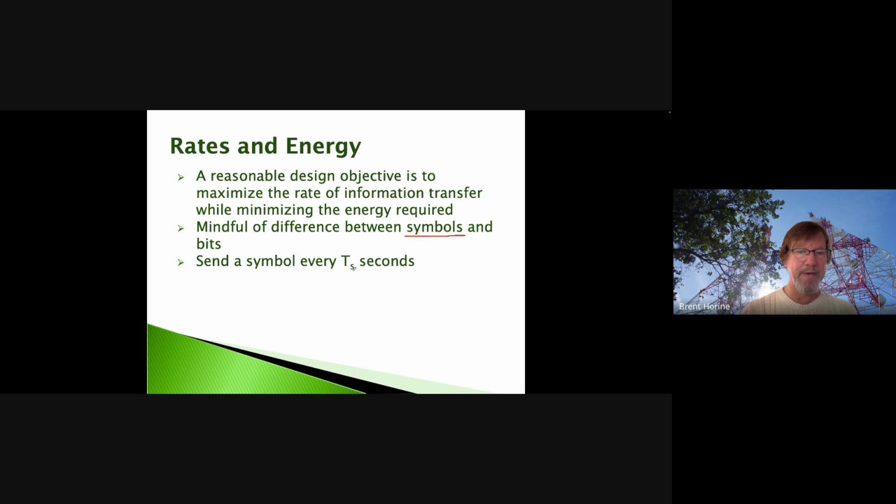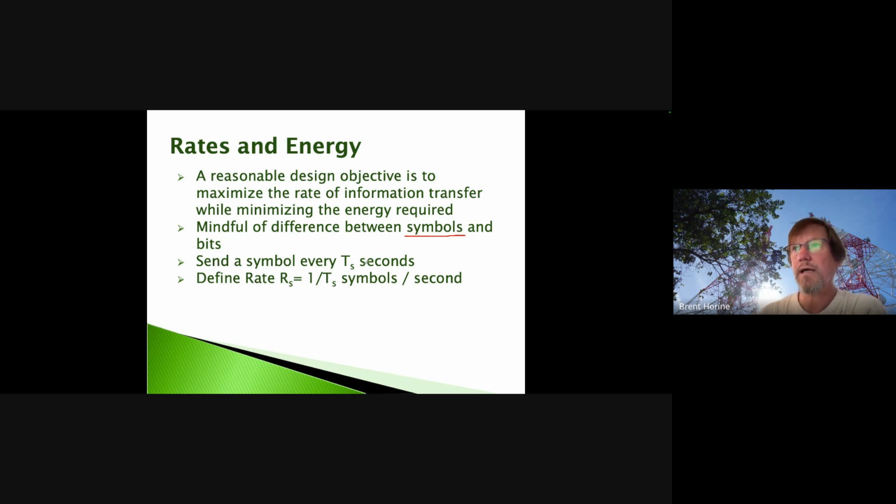period T sub s. Capital T stands for a period, and S is for the symbol. So the symbol period, we take the reciprocal of that, and that gives us the rate. So we might say R sub s is equal to the reciprocal of the period.